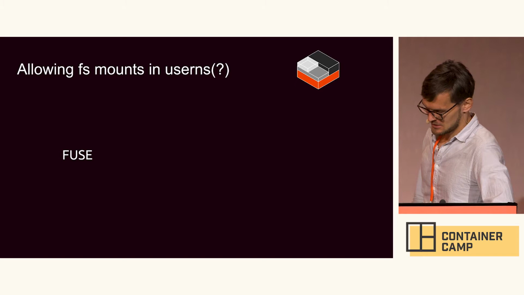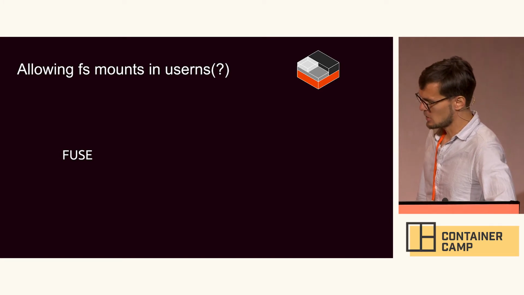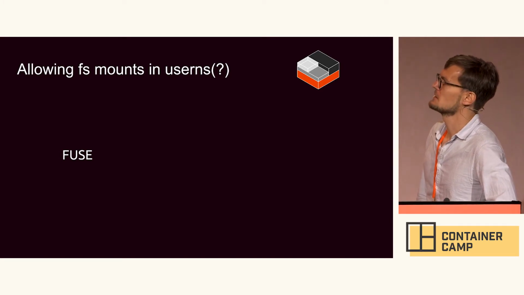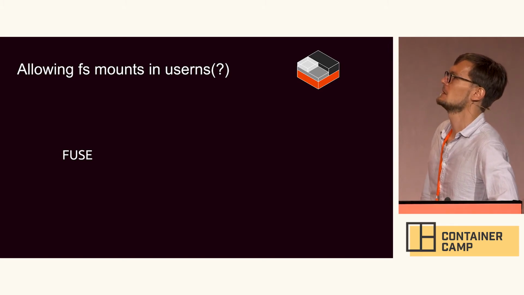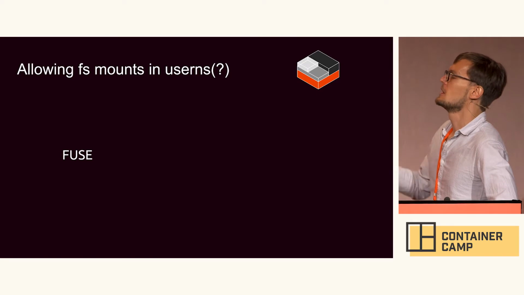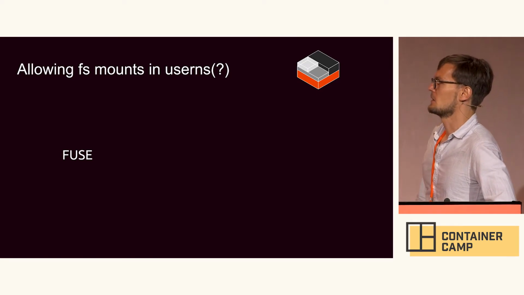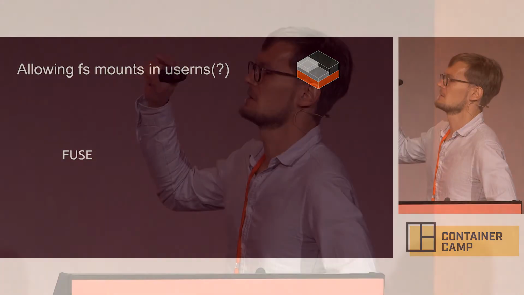What this means is you can write your own file system, and all the code used to run it will run in user space. There's a kernel module, the FUSE module, and a library, libfuse, that does all of the talking to the kernel. So the attack vector is very small, and maintainers have been very confident that allowing FUSE mounts is actually safe. But this is not a very exciting story for you because it basically means you have to write your own file system.